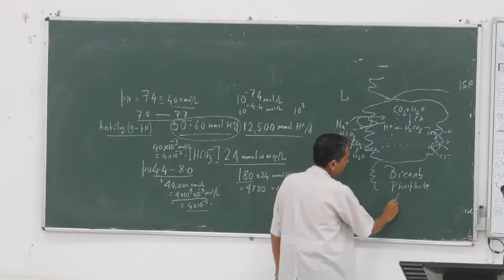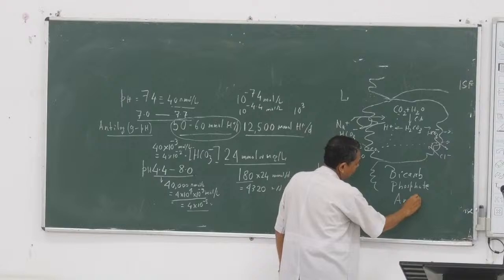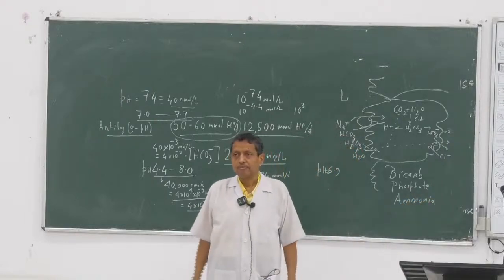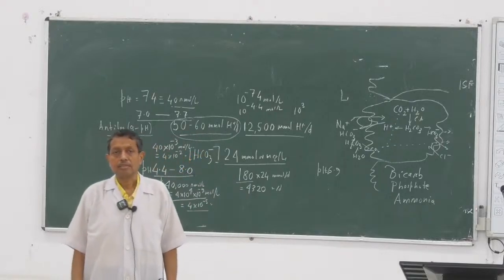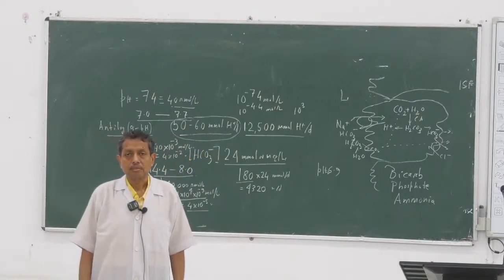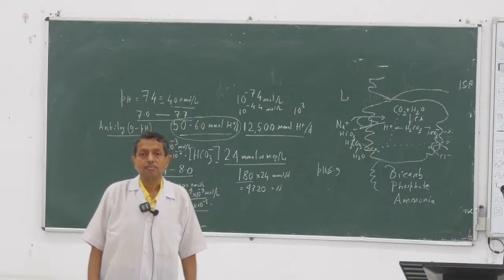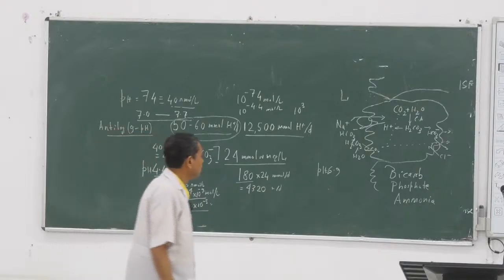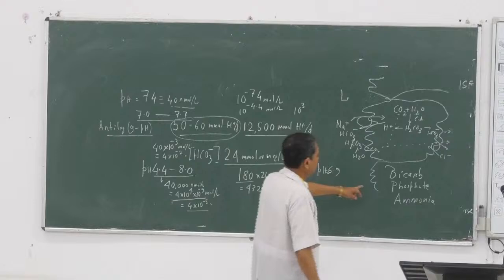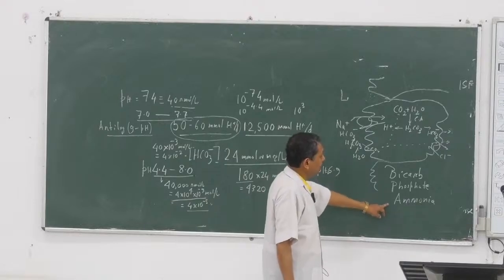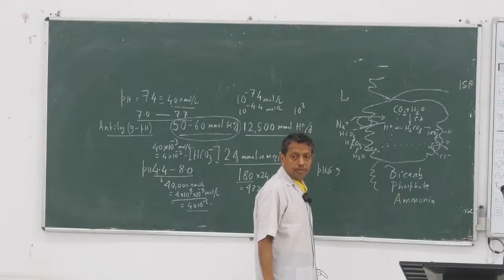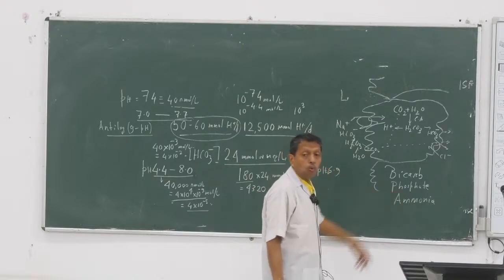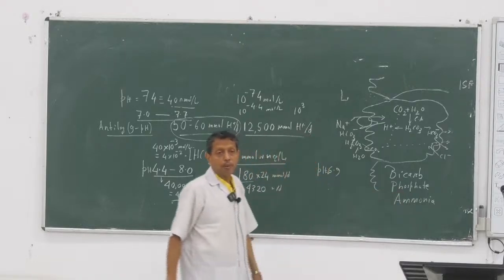Another is the ammonia buffer. Bicarbonate buffer is important. Phosphate buffer, ammonia buffer, and ammonia buffer is more important than phosphate because its concentration is low.